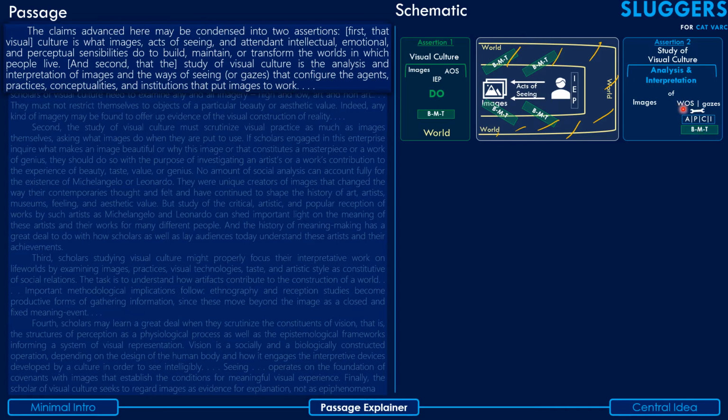So ways of seeing or gazes that configure agents, practices, conceptualities, and institutions that put images to work, in the sense of having them build, maintain, and transform the world that we live in. That, guys, is what the author means to say in the first paragraph.